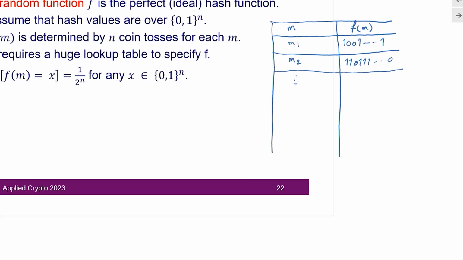And every time somebody asks for a message, we toss coins, generate a random value, return it as the hash of that input, and then store it so that if somebody asks again, we can return it. Imagine that here we could of course have a lot of repetitions, because the domain is limited, only n bits, but the message input is huge.